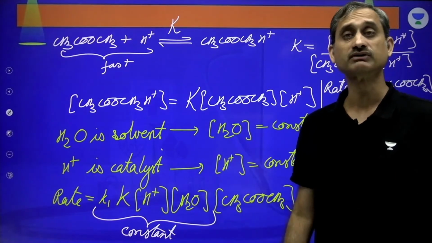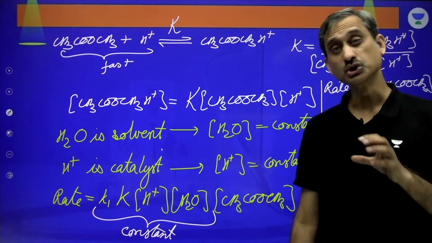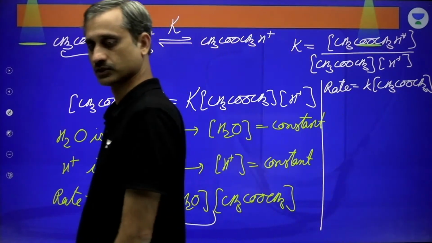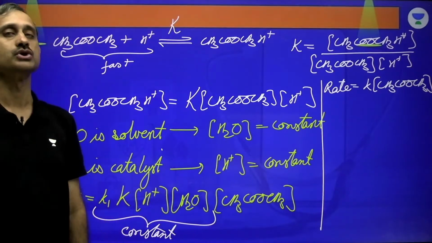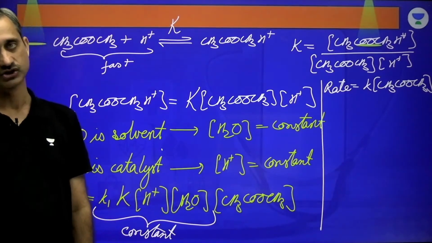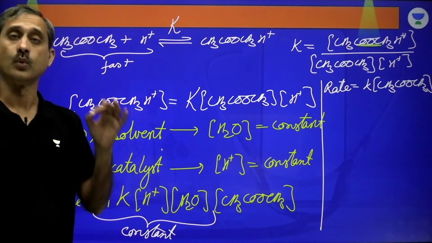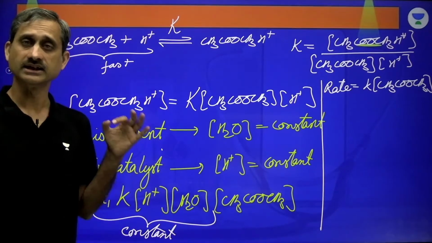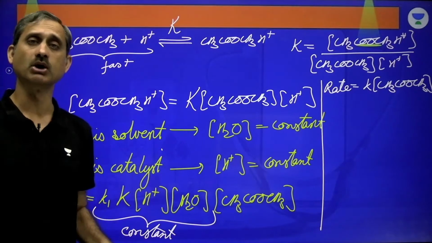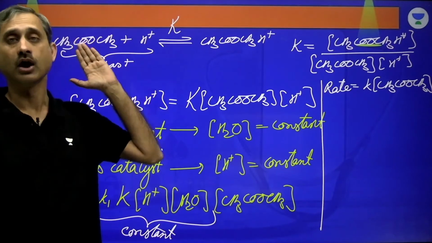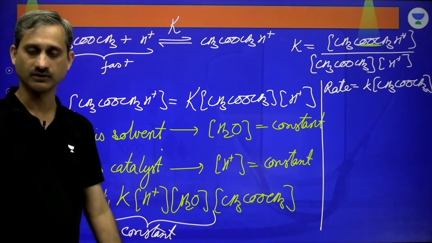Why should it be called pseudo? But it's a pseudo unimolecular reaction because it's not a unimolecular reaction. Acidic hydrolysis of ester in water as a solvent is a pseudo unimolecular reaction. It is an observed first order reaction.